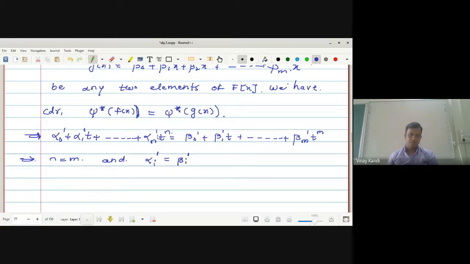If n is equal to m, then by the equality of two polynomials, all the coefficients must be the same, for each I running from 0, 1, up to n. So this implies n is equal to m and we get psi of alpha I, which is alpha I dash, is equal to psi of beta I.